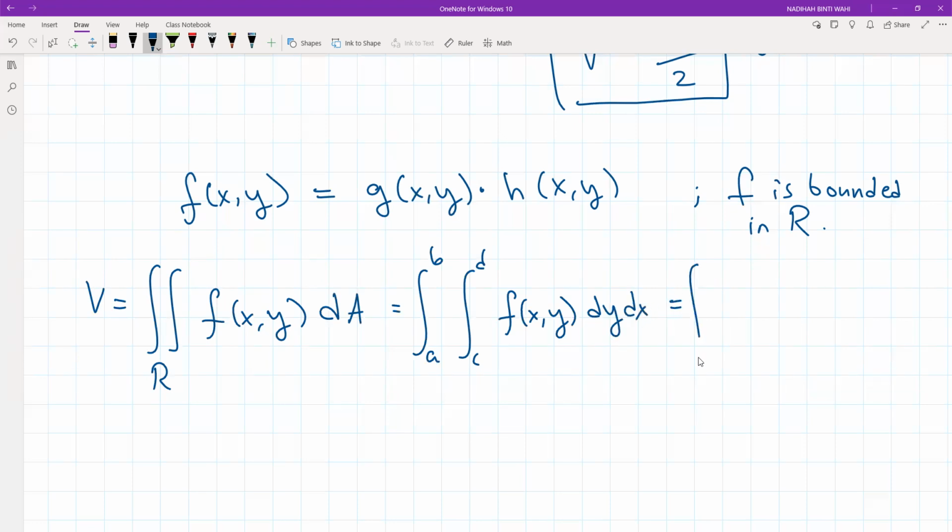This is the same thing if I put C to D from A to B, f(x, y), evaluate x first and then y.